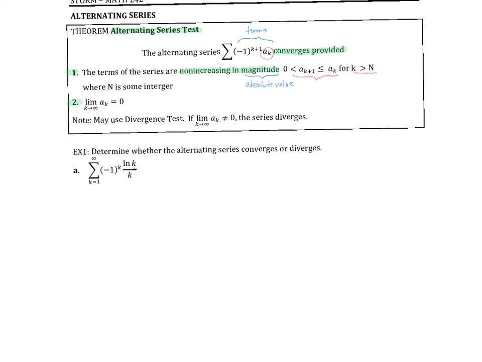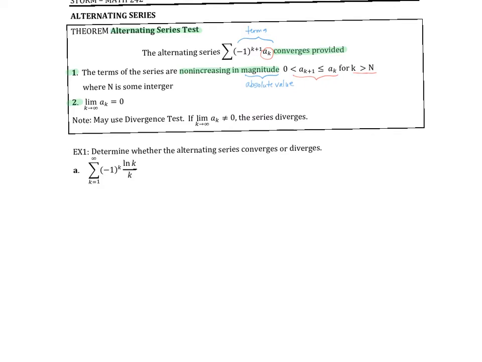The second condition just states that if the limit, and here we're ignoring the -1 and just looking at the a sub k, if the limit is equal to 0. So if both of those two conditions are met, then our alternating series converges.